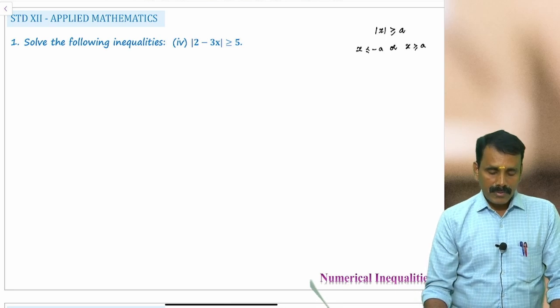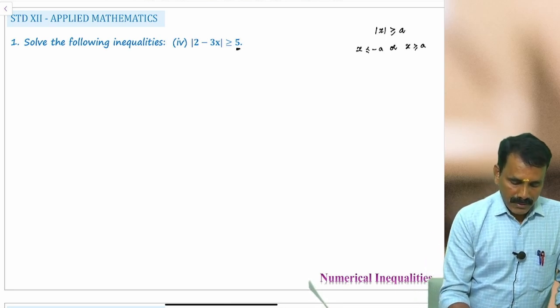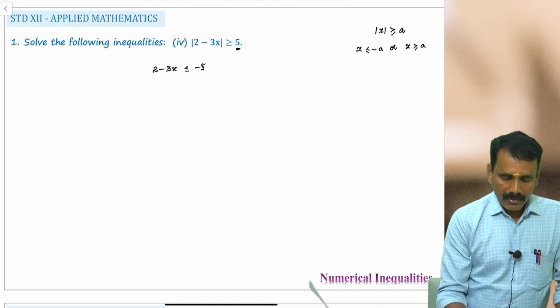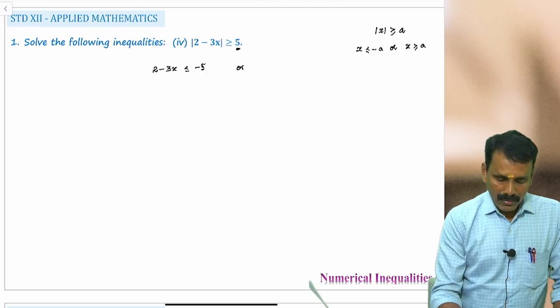Same way, here we are having greater than or equal to 5. So, we start 2 minus 3x less than or equal to minus 5. Okay, less than or equal to should be involved with the negative value of the right hand side, or 2 minus 3x greater than or equal to plus 5.